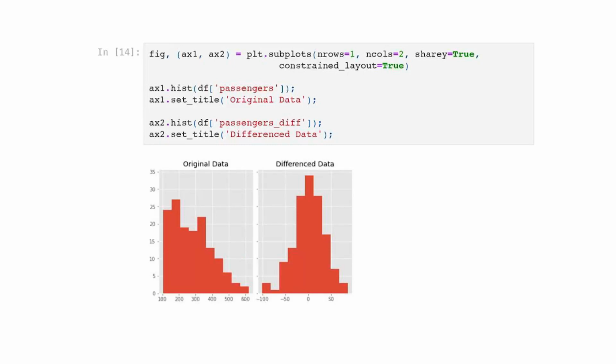However, there are dips. So for instance, consider the outlier of minus 100, which means that in a particular month-to-month change, the number of passengers dropped by 100 units. So that's the kind of insight that you can obtain visually from inspecting the histogram of differences.